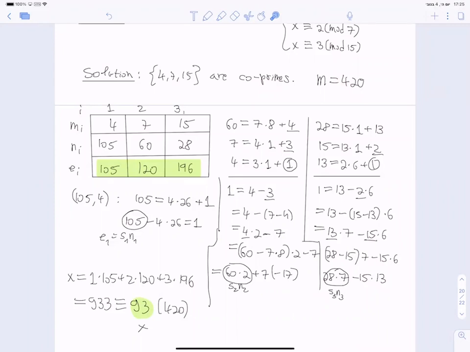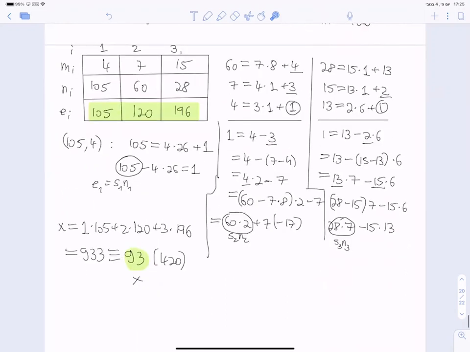You take 93, you add 420, you get another solution, etc. We are going to see later how all this material is gathered together.